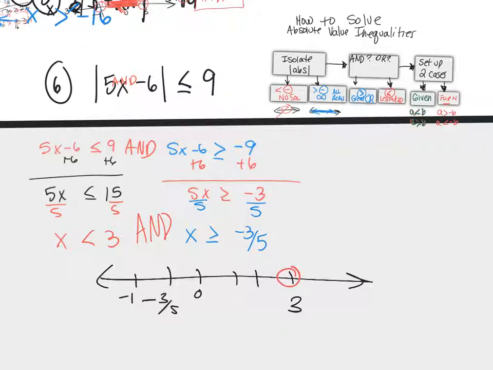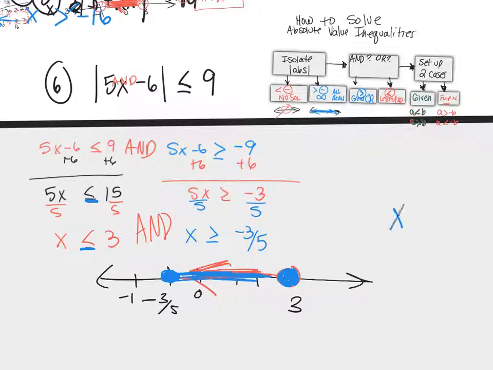X is less than 3 means it's open circle, goes to the left. I'm sorry, it was less than or equal to, by the way. Remember, it was equal to, so I made a mistake by not saying it was or equal to. And then this one was also shaded in, shaded to the right, so it's in between.